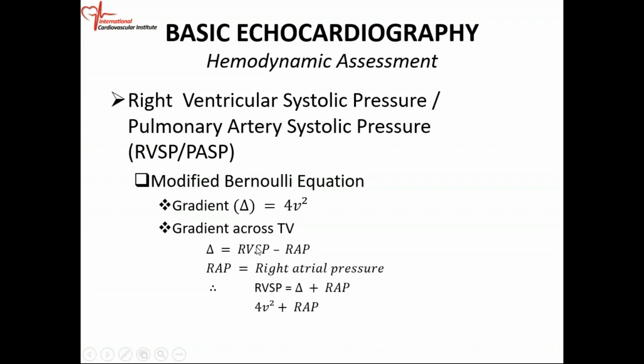But remember, you can get your TR velocity by just putting the Doppler across the tricuspid valve. You can get your TR velocity, and the gradient across the tricuspid valve, 4 times the TR velocity squared, is equal to the RV systolic pressure minus the RA pressure.